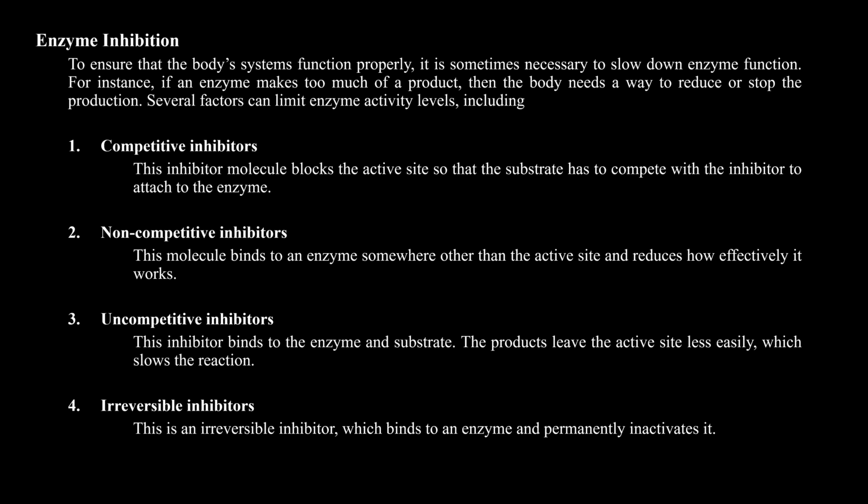A non-competitive inhibitor binds the enzyme elsewhere and reduces how well it works. In uncompetitive inhibition, the enzyme and substrate leave the active site less easily, which slows the reaction. With an irreversible inhibitor, the enzyme is permanently inactivated.